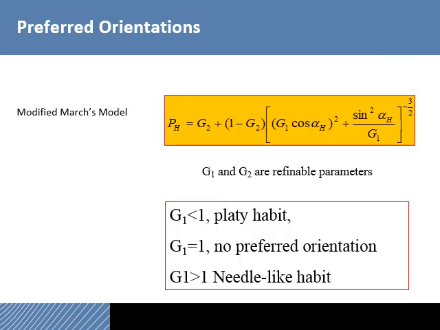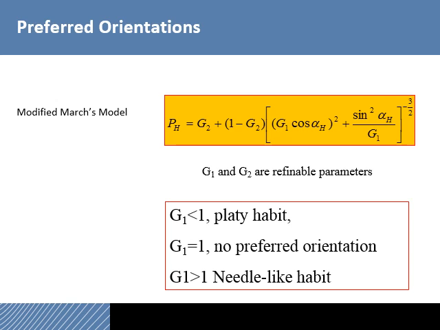So in addition to all the various profile functions, we can also refine parameters to account for preferred orientation, which we've talked a lot about in class. The most common method for doing this uses what's referred to as the March-Dollase function, shown here on the right as a rather complicated formula that's referred to as the modified March model, where G1 and G2 are refinable parameters in the refinement. You don't need to understand the math behind it. The point is when you're doing a Rietveld refinement, you can select to refine these parameters.